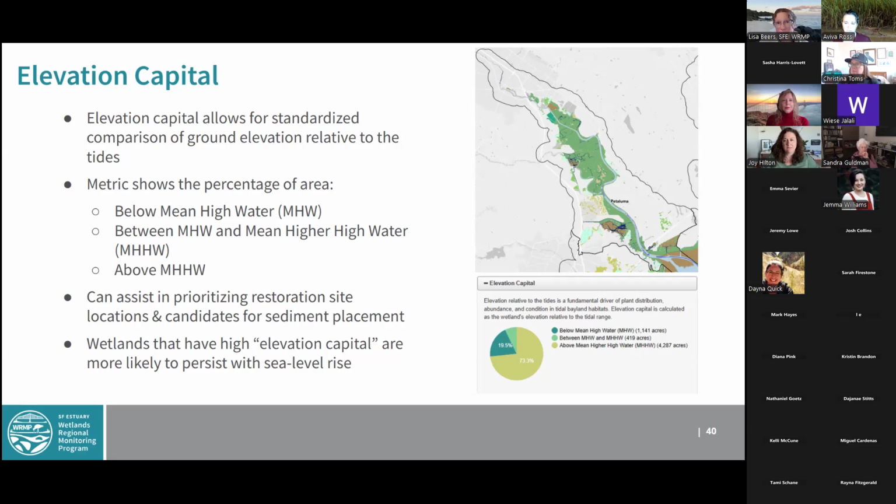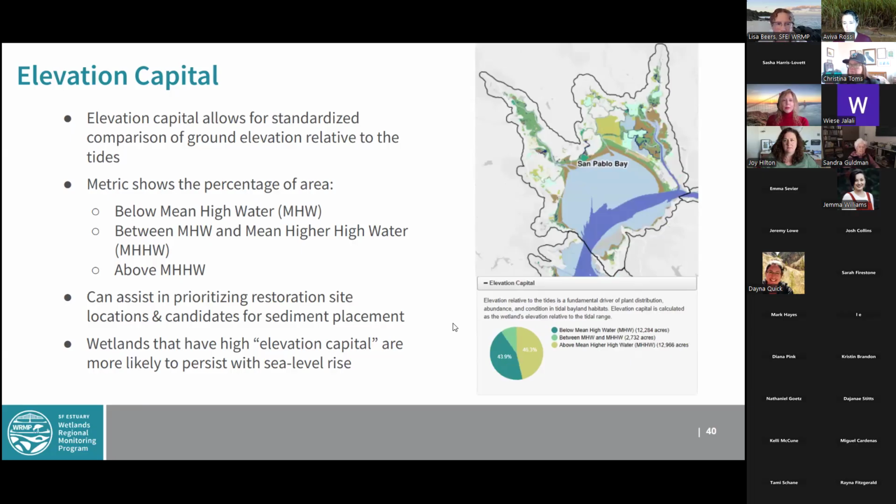So this is promising for these sites in light of sea level rise. And then going at the subembayment level, it's between mean higher high water and mean higher high water and above for the entire subembayment.